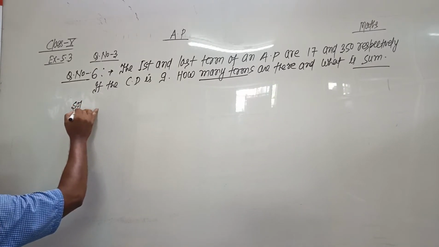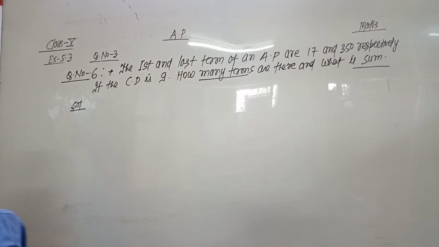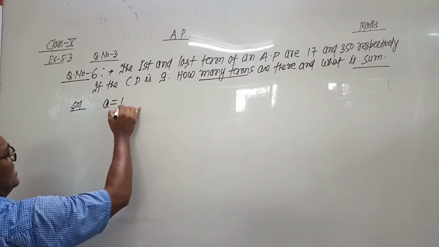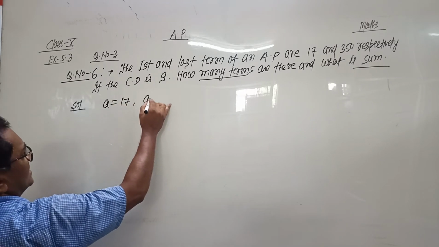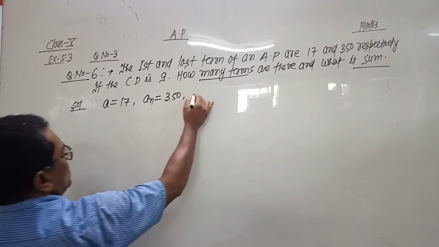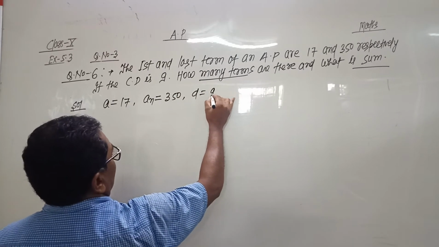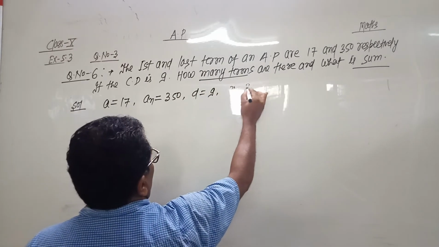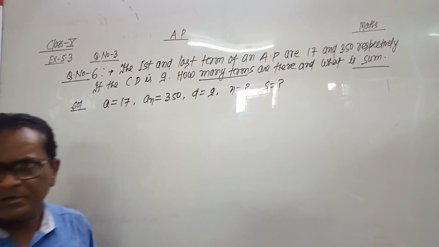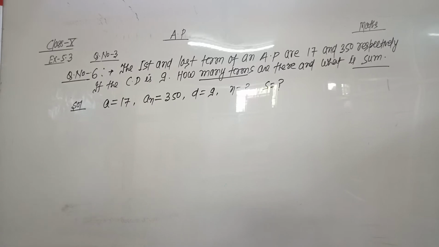So we will write first what we have given and what we have to find. The first term a is 17. The last term an is 350. The common difference is 9. We have to find the value of n and also the sum of terms.